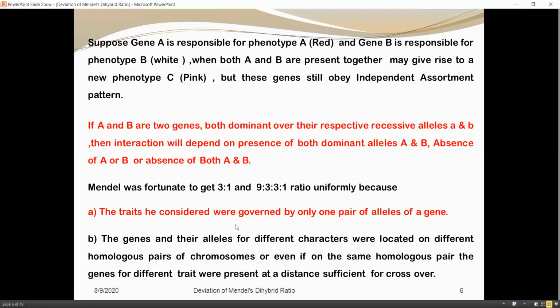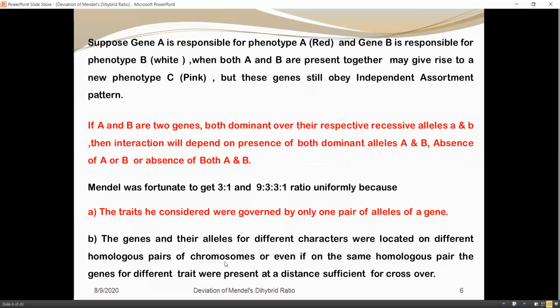If A and B are two genes, both dominant over their respective recessive alleles, small a and small b, then interaction will depend on presence of both dominant alleles A and B, absence of either capital A or capital B, or absence of both capital A and capital B.